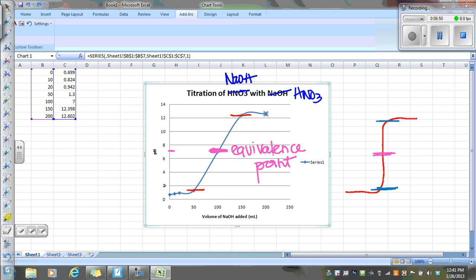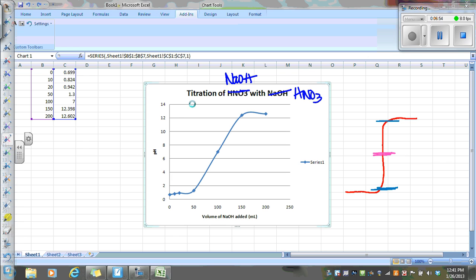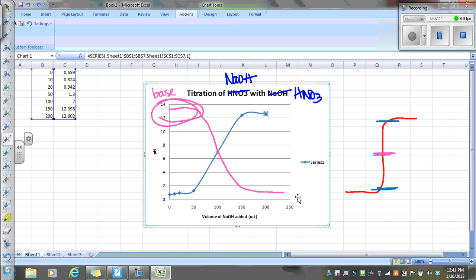Now, instead of starting at a low pH, we would be starting at a high pH. And that pH wouldn't change much, and then all of a sudden it would drop and then level off. So this part of the curve would show you when your base is predominating. This would show you when you have excess acid, just like this part of the curve up here was showing when you had excess base.